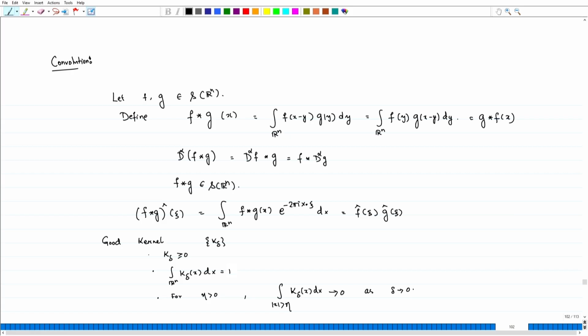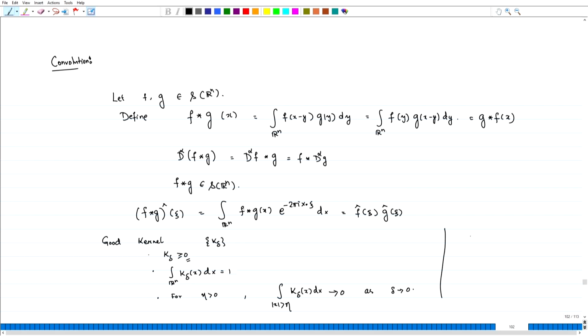In fact, if we look at this condition, I can always replace it by another condition; that is an easy exercise for you.